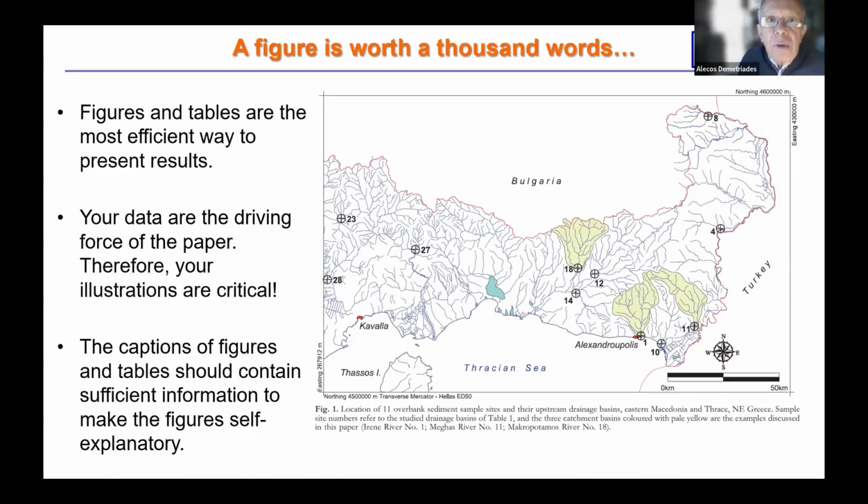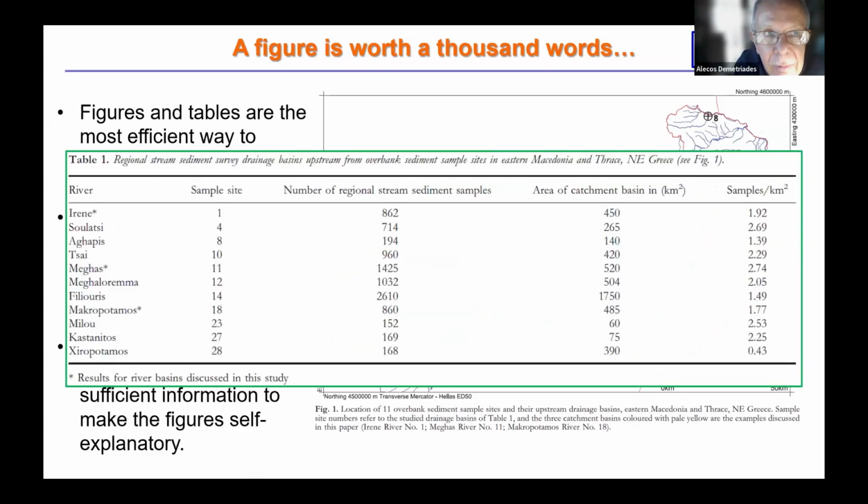We always say a figure is worth 1,000 words, so they should be simple. Figures and tables are the most efficient way to present results. Your data are the driving force of the paper, therefore your illustrations are critical. The captions of figures and tables should contain sufficient information to make the figures self-explanatory.